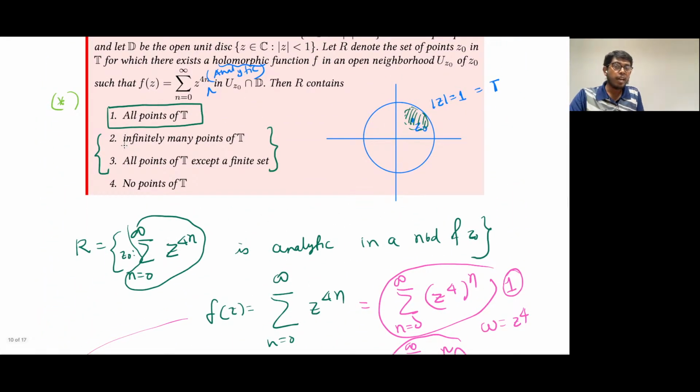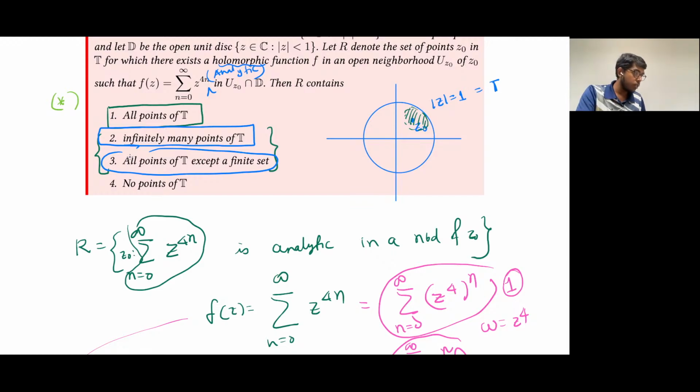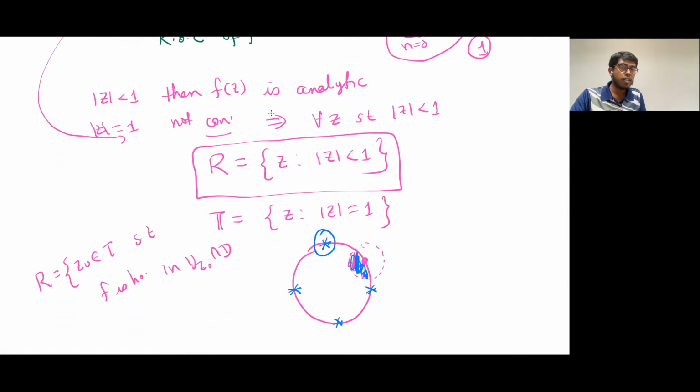Therefore, there are infinitely many points of T where R and T are the same, and all points of T except a finite number, because it misses only 4 points. So what is the correct option? Even if you take this point, it has the same property. Although the radius of convergence is 1 and the series is not convergent there, if I take this point, I can still have an interior neighborhood where the function is analytic.